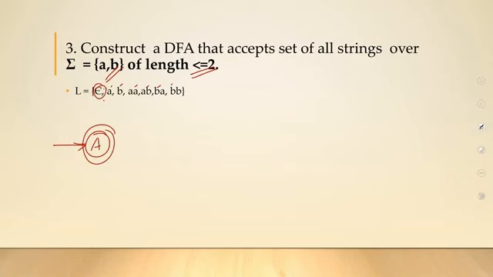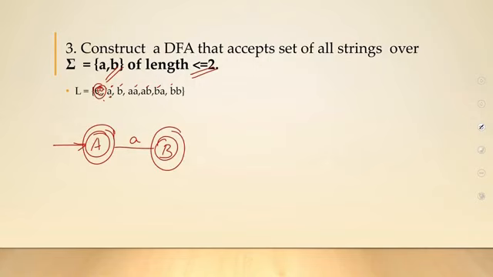So I have now made my initial state the final state itself. So that is satisfied. Now let's satisfy small a. I go to my next state called B. I encounter an A. That's it. So B is my final state. So I've satisfied A.